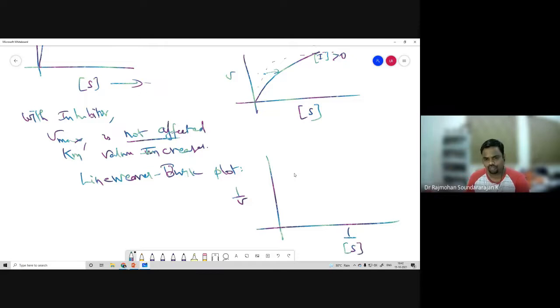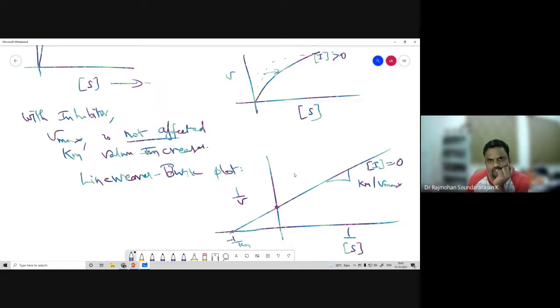When there is no inhibitor, that is when inhibitor concentration is 0, we get a plot like this, where the slope of the curve is Km by Vmax. Where it intersects the x-axis, we get minus 1 by Km value.